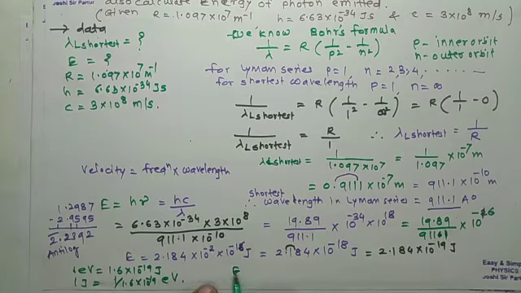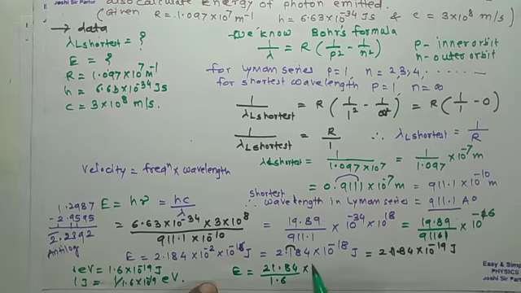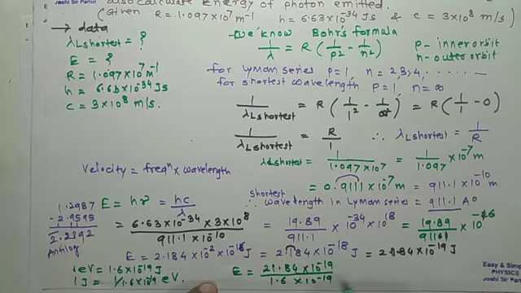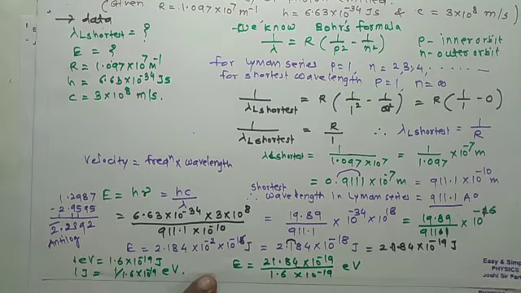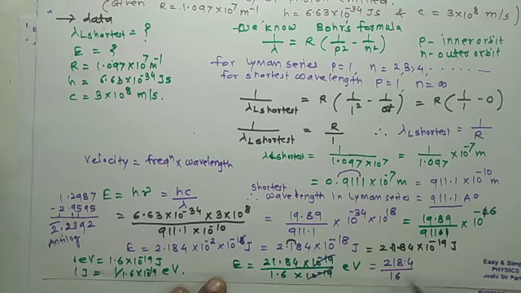So energy is equal to 21.84 divided by 1.6 into 10 raised to minus 19 into 10 raised to minus 19 electron volt. 10 raised to minus 19 gets canceled, and here 218.4 divided by 16.